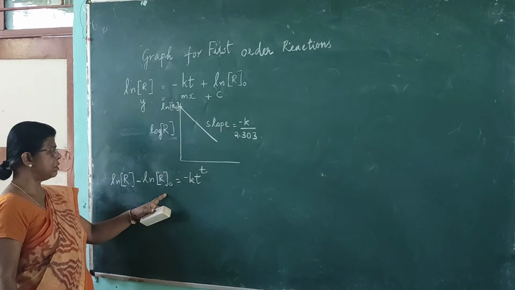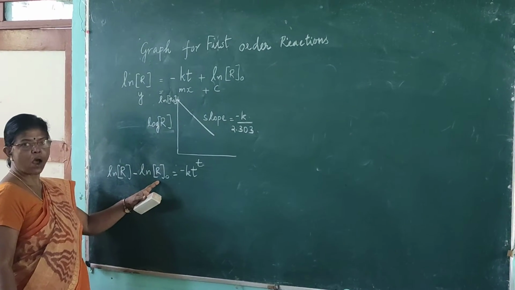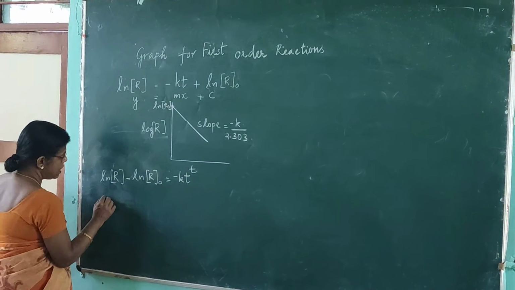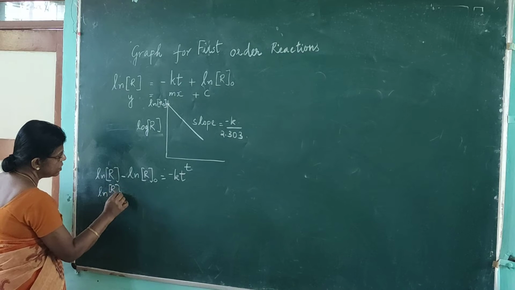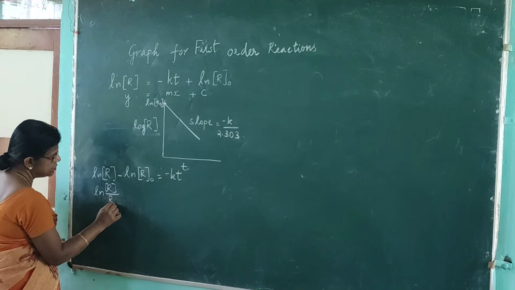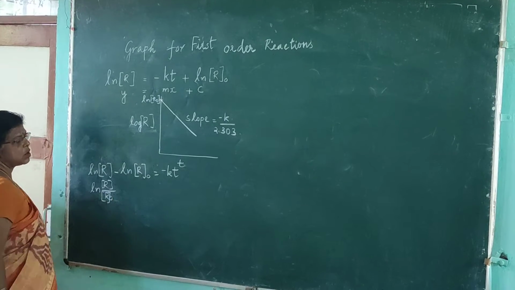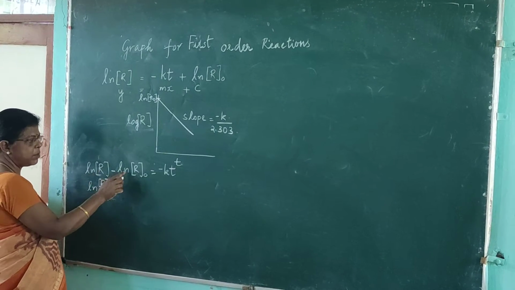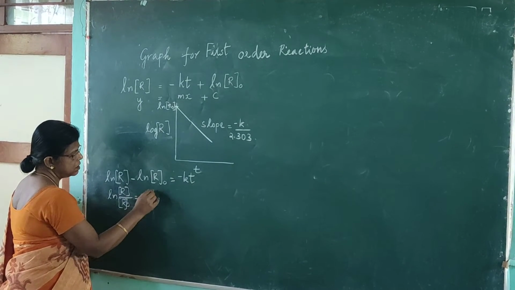What is the rule? Log a minus log b is log a by b. So ln r upon r naught is equal to minus kt.